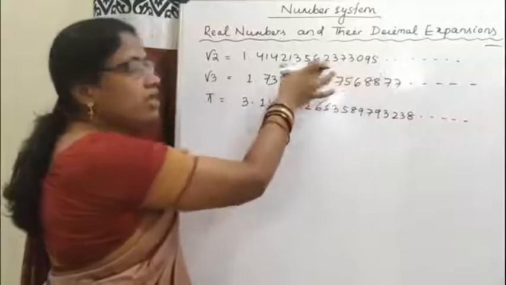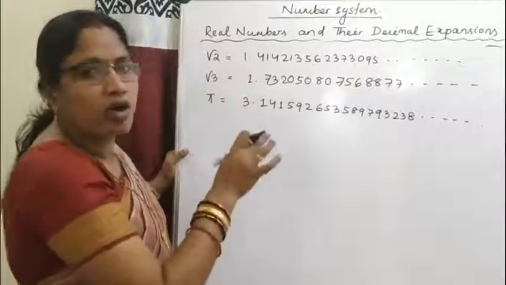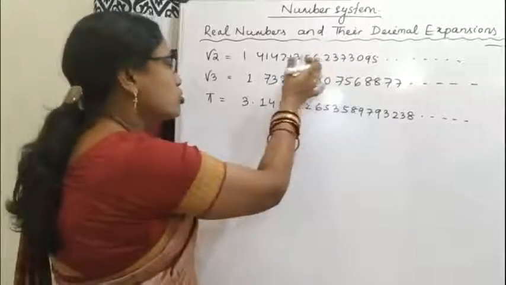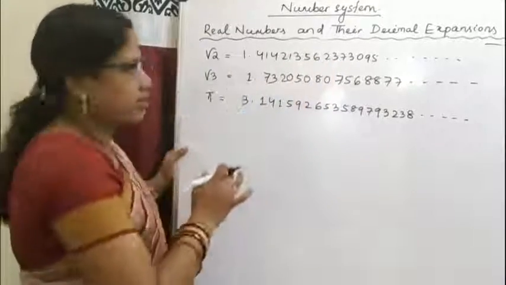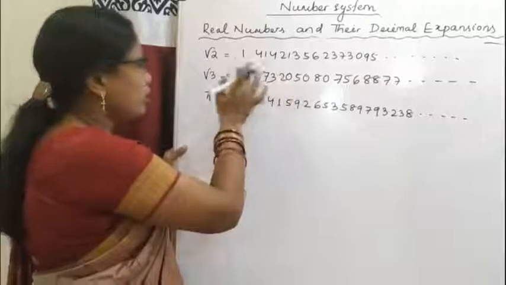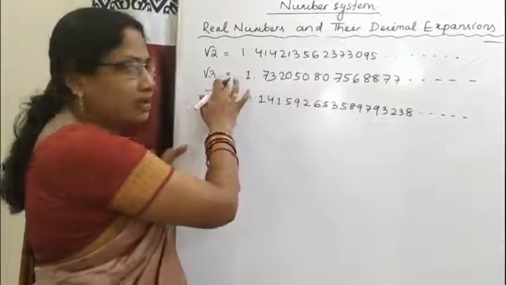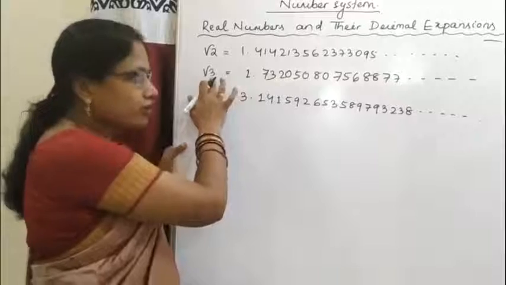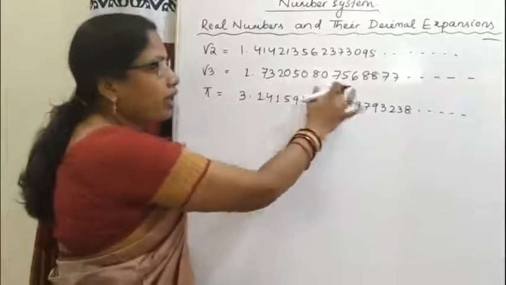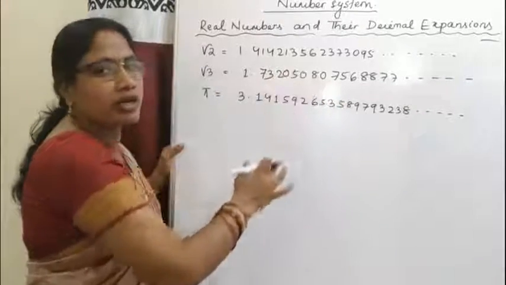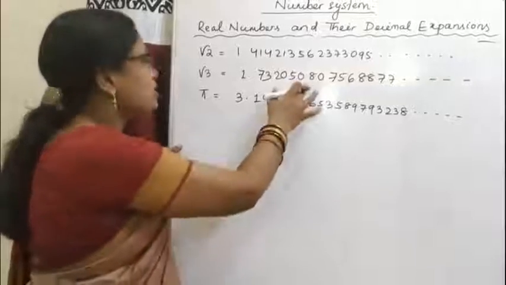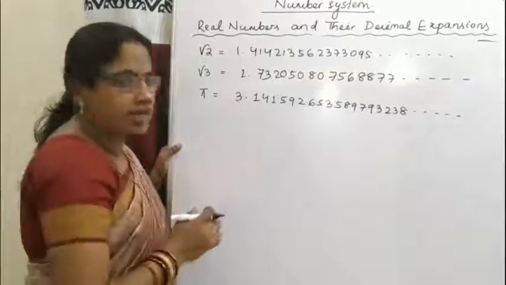So this is a non-terminating, non-recurring decimal number. So root 2 is irrational. So here also, if we find the decimal expansion of root 3, this will be a non-terminating, not recurring decimal number. So this implies root 3 is irrational.